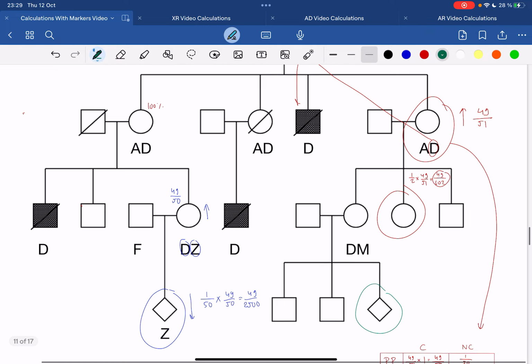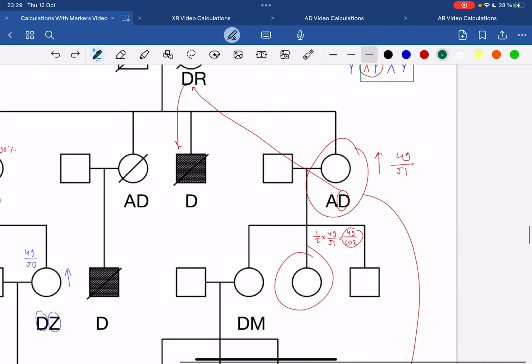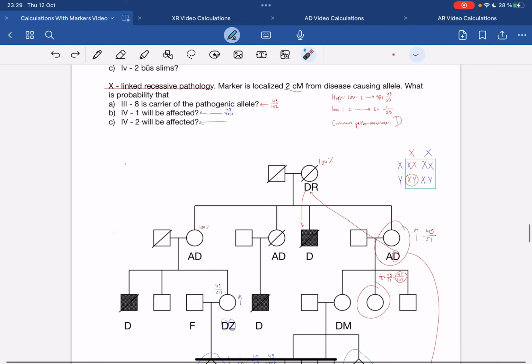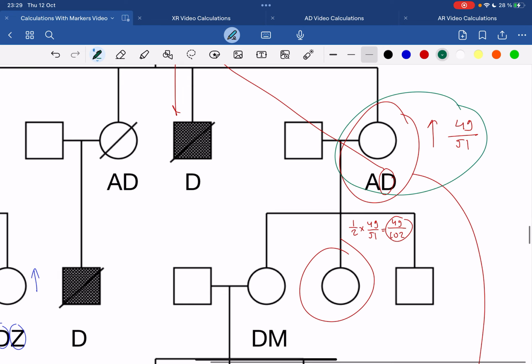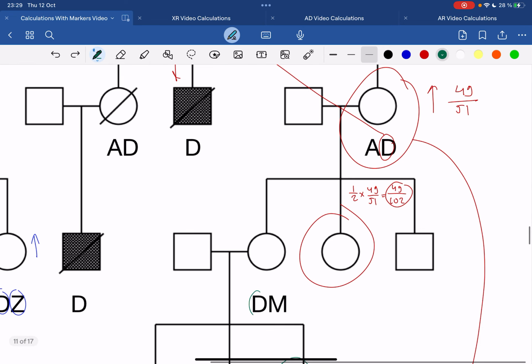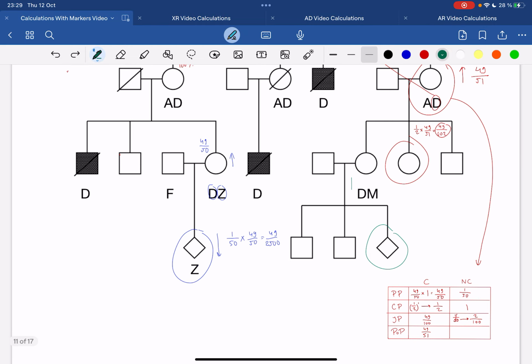Now in order for 4-2 to be affected, the mother has to be a carrier. And we know for sure that the common patho marker is D, which in our case we've already calculated the chance for this mother to be a carrier. This mother must have gotten the D from her mom, because there's no way she got the M from her mom because the mom doesn't have an M. So there's a high risk here.